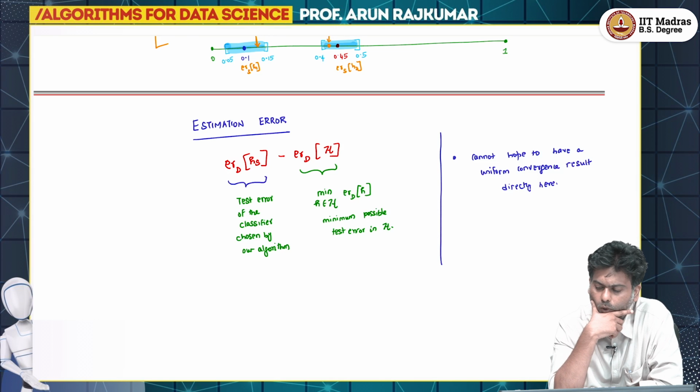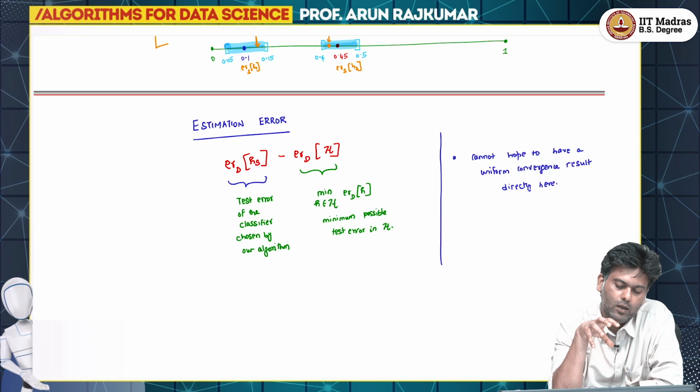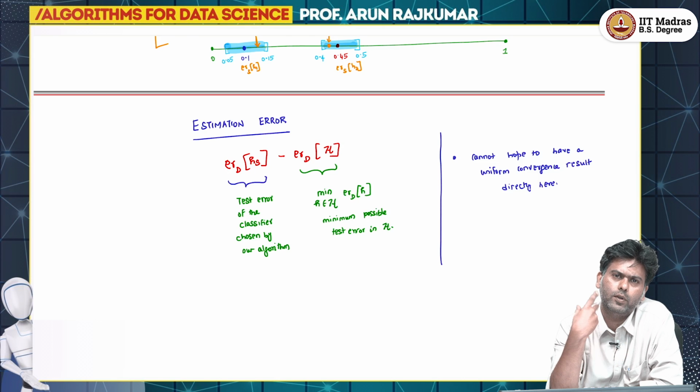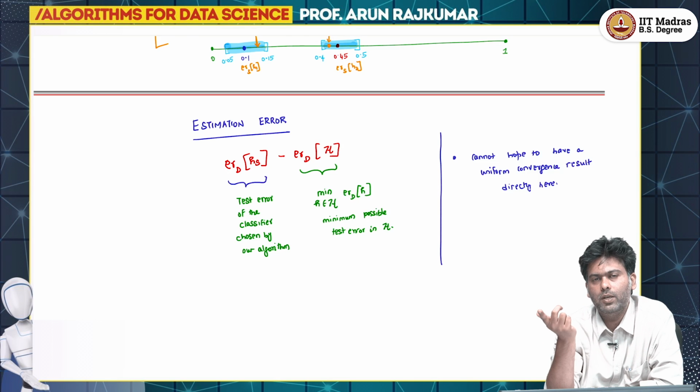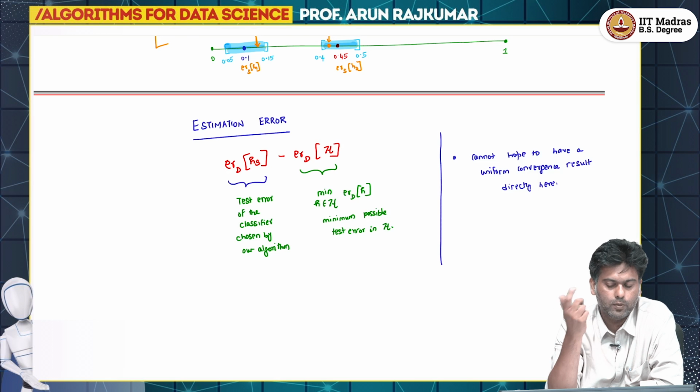So, what do I mean by that? I am saying that this is studying the difference between the test error of the classifier that my algorithm chooses from training data and the best possible classifier's error in H.